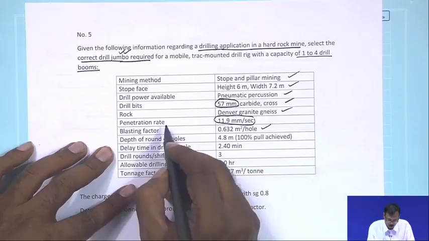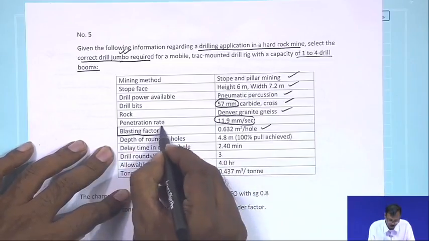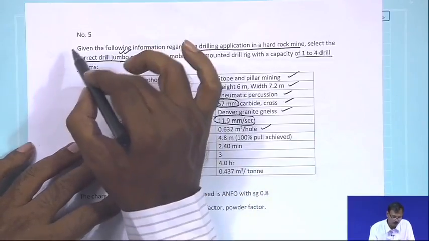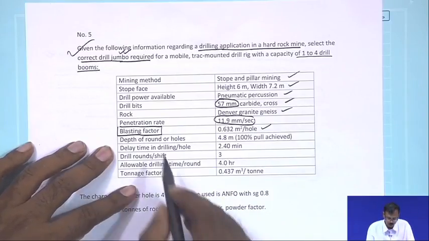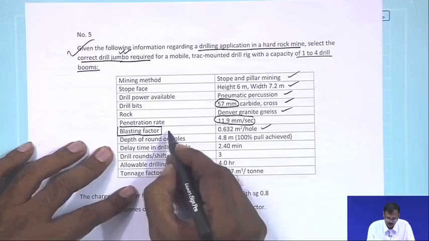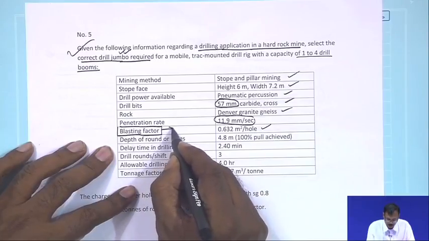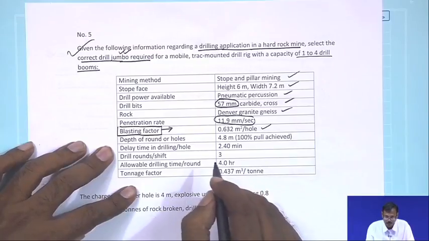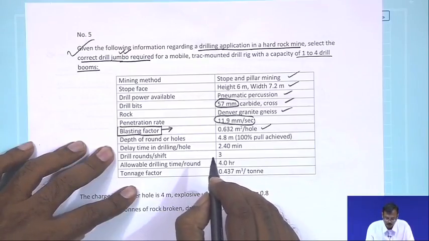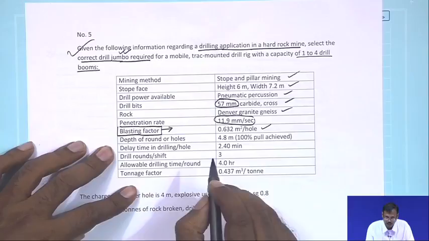So, this is a new term you are probably getting. Basically, I have taken this problem from a book of Hartmann. Blasting factor is basically an American term. This gives you an idea about the number of holes required to be drilled for an underground opening.